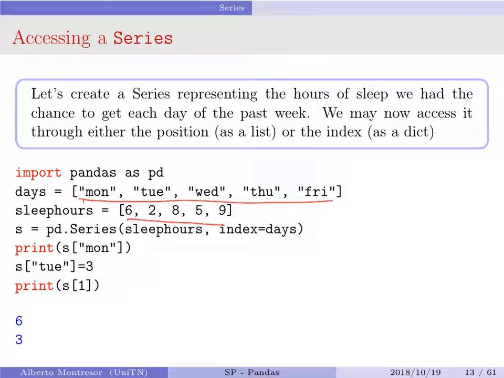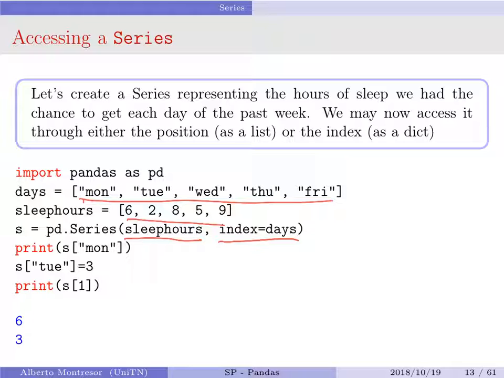So you see, you create sleep hours as a series, so the sleep hours are the values, and you specify the index by saying index is equal to days, creating a series. Now you can do something very nice.